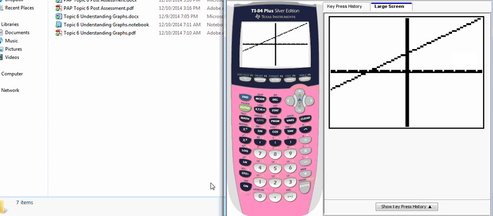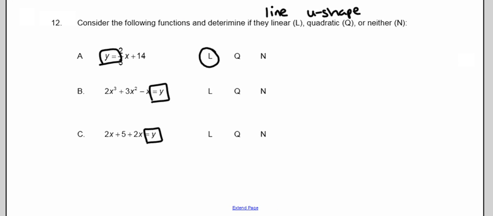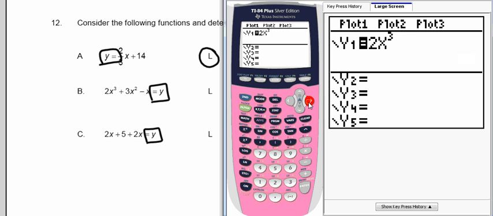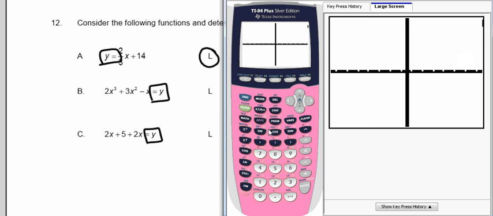All right, let's try the next one. We have y equals, let's clear out what we have, 2x cubed plus 3x squared minus x. Let's graph it. That is a very difficult thing to see.